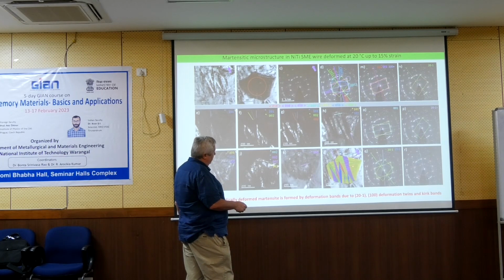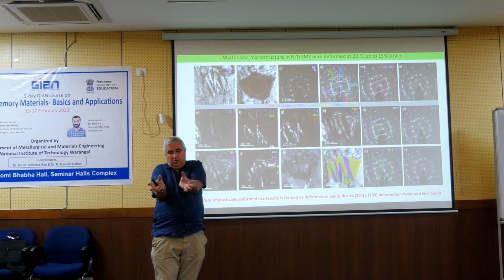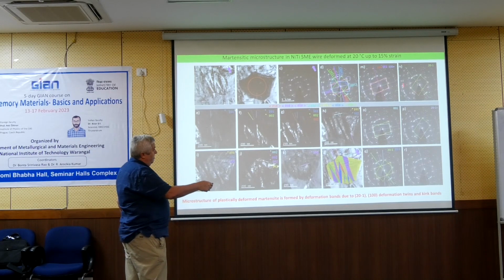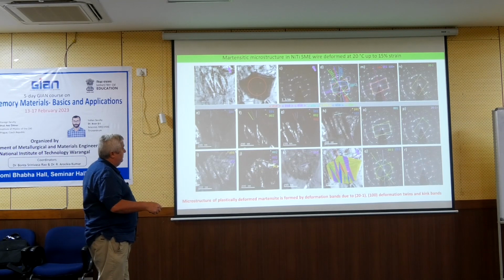Here, these are some relict 001 twins which can be found here. But by this analysis, I can find the Martensite lattices which are all rotated, with different kinds of rotations. So we can identify all misorientations which are here, and we can reconstruct these twin maps.